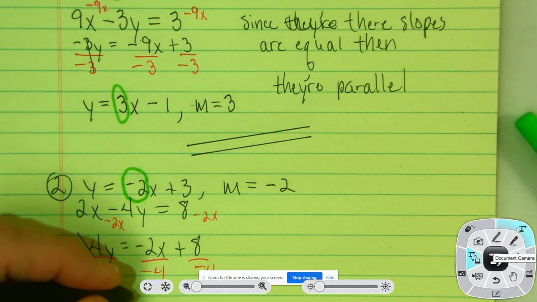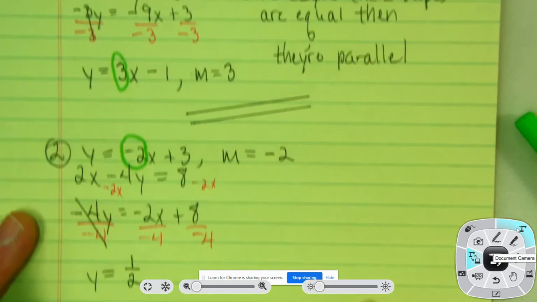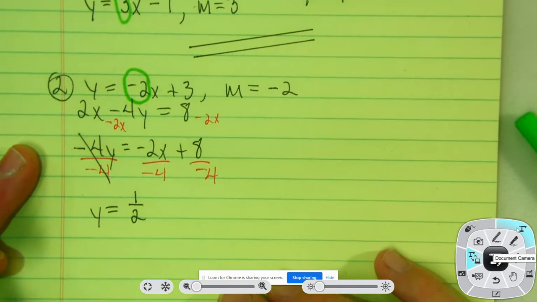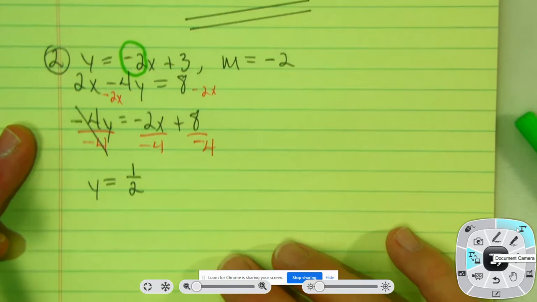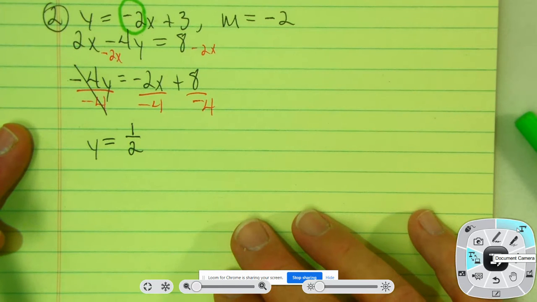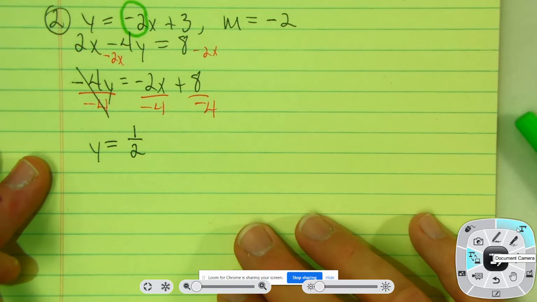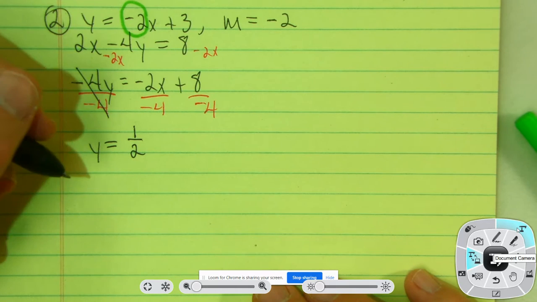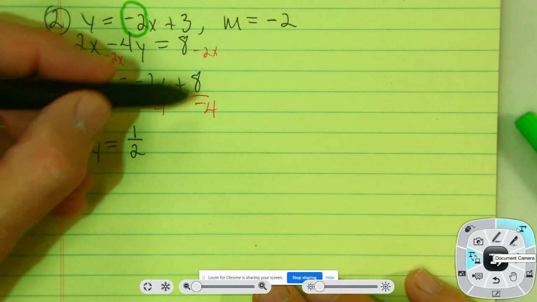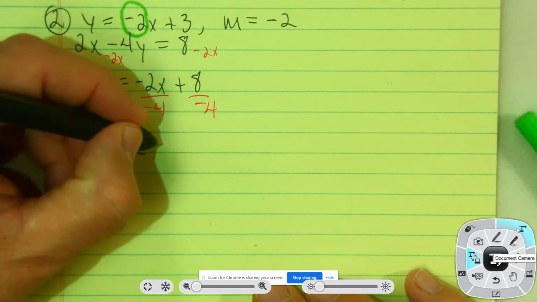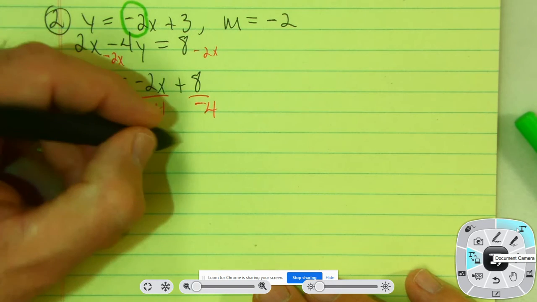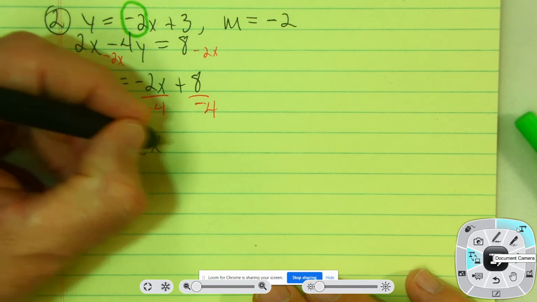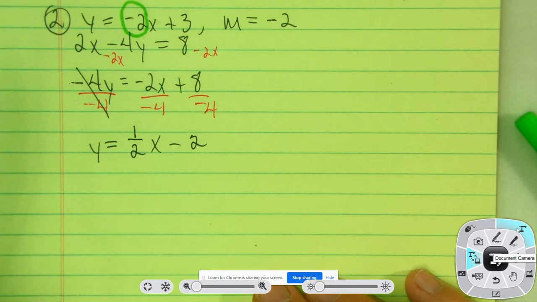That's a fraction, 2/4, which will reduce to 1/2. And an 8 divided by negative 4 is negative 2. So we'll say 1/2 x minus 2.